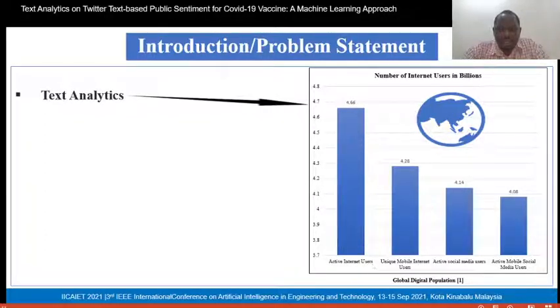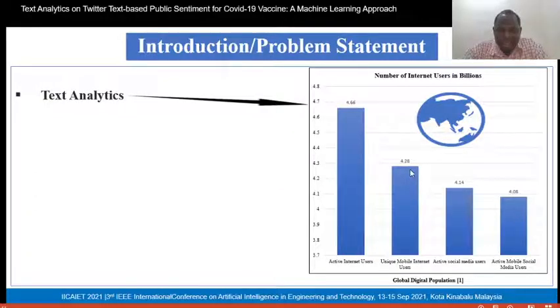Also, there are about 4.28 billion unique mobile internet users, about 4.14 billion active social media users, and lastly about 4.08 billion active mobile social media users around the globe.